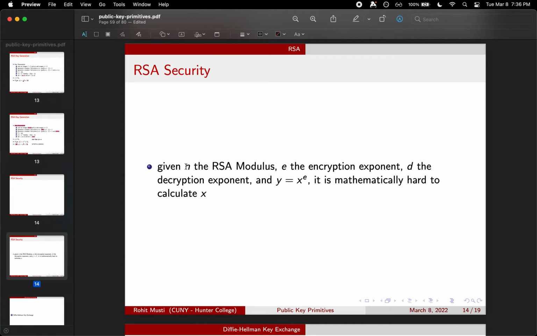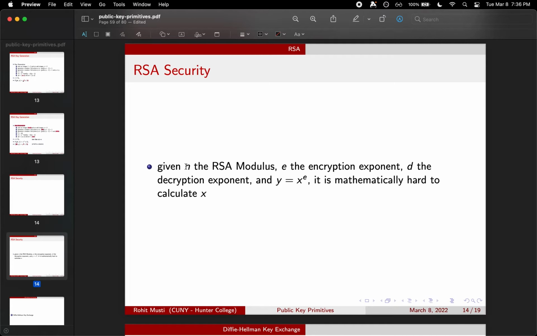Let's think about that. Why is it hard to calculate? Well, it's because of this modulus property.